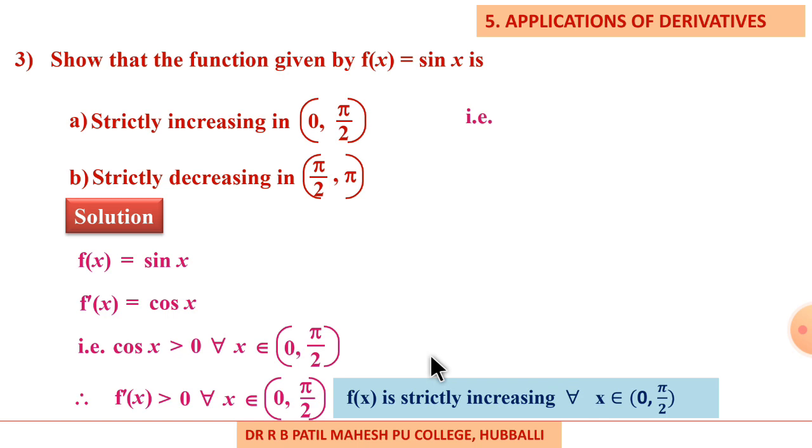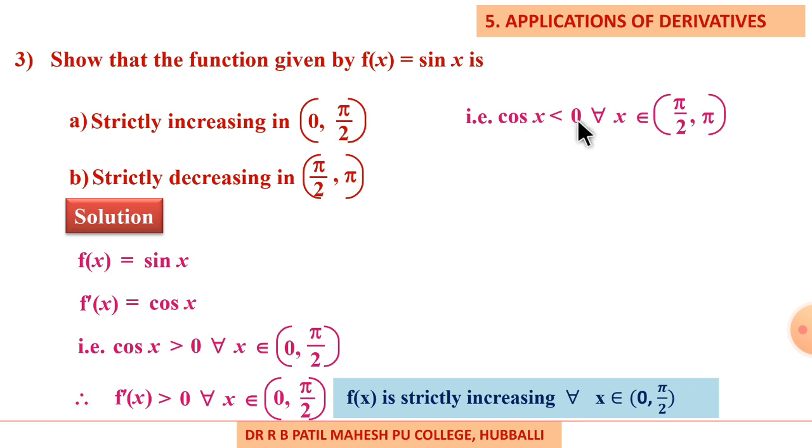Now similarly in the second interval, the same function is there. Now we got f dash of x is cos x. Here cos x is less than 0 because pi by 2 to pi means it lies in the second quadrant. In the second quadrant, by using the ASTC rule, AS means sine and cosec functions are positive and other functions are negative.